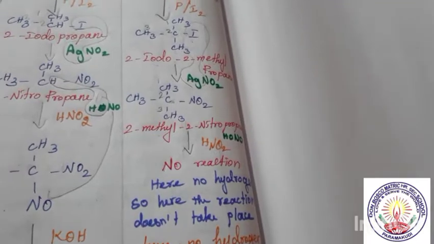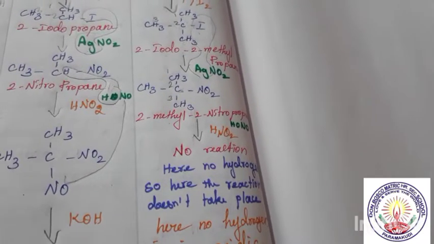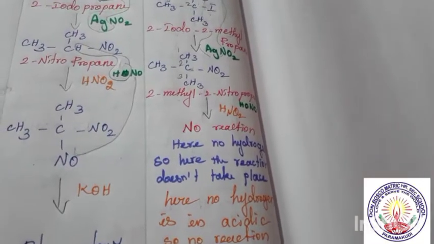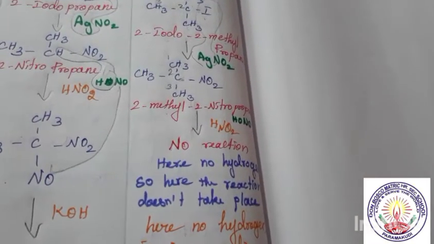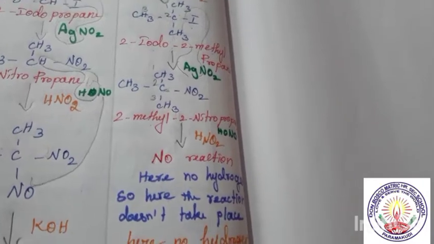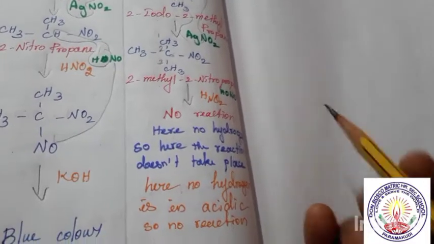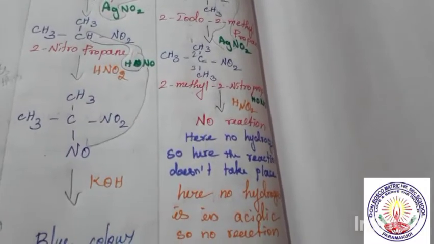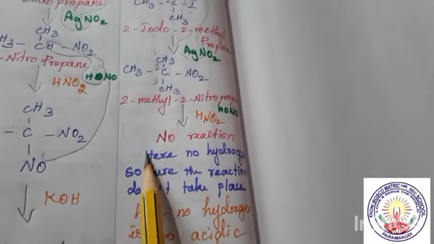So here the reaction does not take place, because the hydrogen is acidic. When the hydrogen is acidic, the reaction takes place. Here there is no acidic hydrogen, so no reaction takes place.